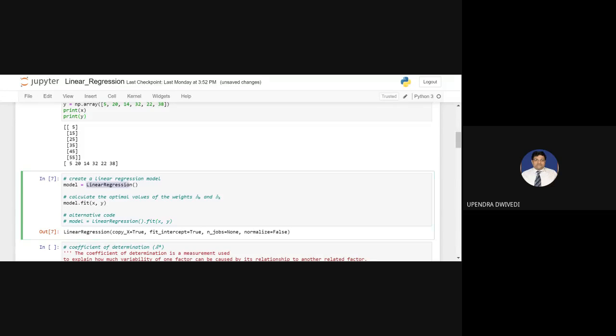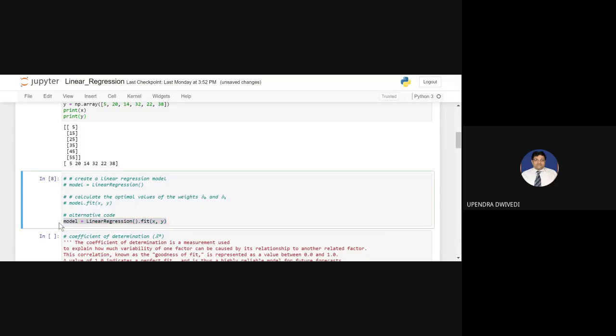When we call the linear regression model, you can see that it returns some values, which represent parameters required in the regression model. If you do not want to call all these values, you can call the simple line of code. It will also return the model.